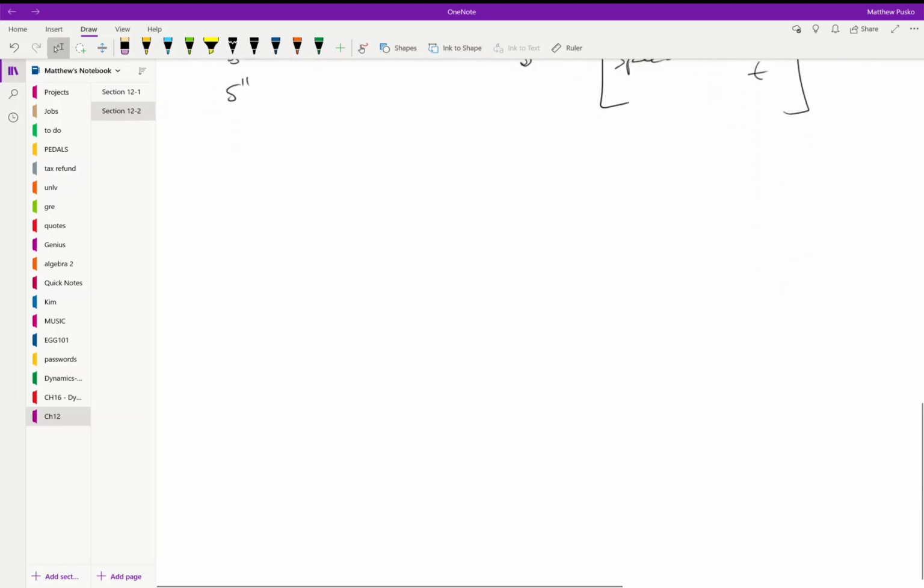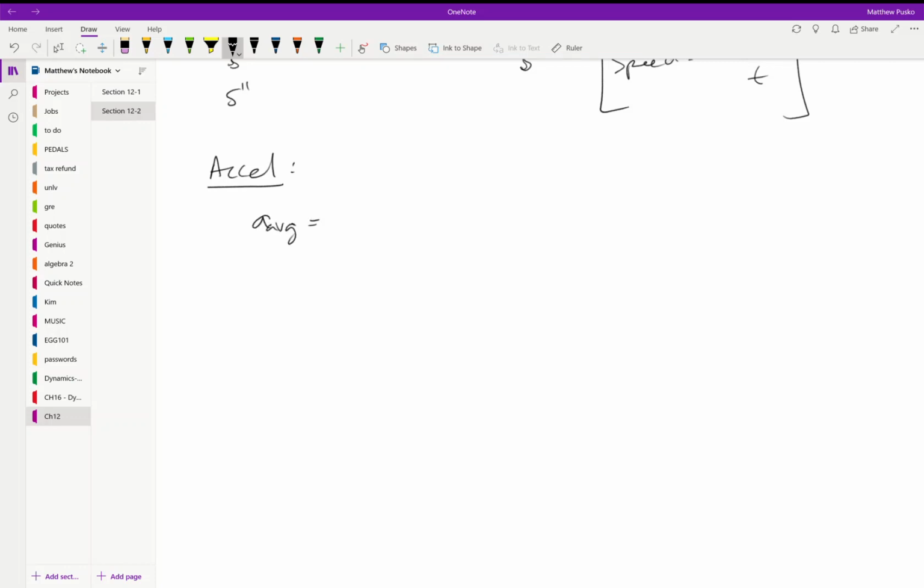Okay, so acceleration, for our basic average acceleration definition, we just need to know 2 points where we know the velocity and the time that is elapsed. So whatever our change in velocity is and whatever our delta t is in that case. So we can say whatever our final velocity is minus our initial velocity over delta t.